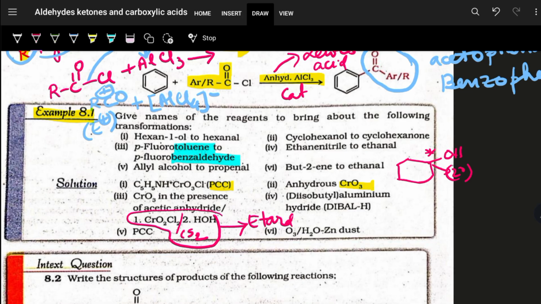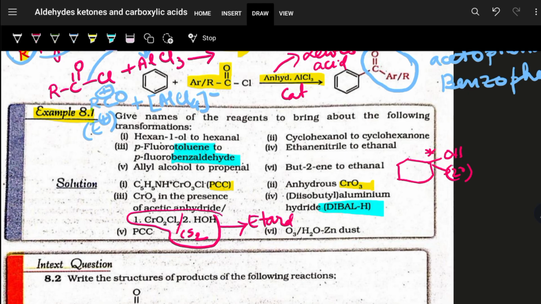The other one is also there, CrO3 in presence of acetic anhydride, but I will tell you better use Etard reaction for this purpose. Next, like the fourth one, ethane nitrile to ethanal. So nitrile to aldehyde, you can use selective reduction method. So diisobutyl aluminium hydride is used, right?